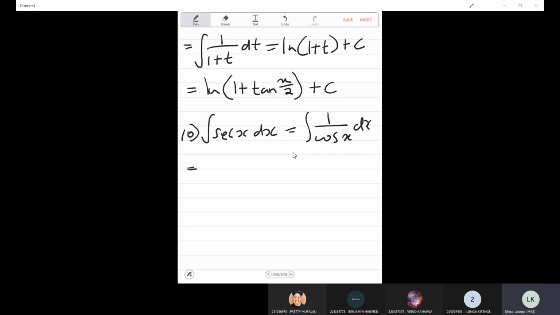Dx, we said, is 2 over 1 plus t squared, and then we divide by cos x, which is 1 minus t squared over 1 plus t squared dt. This gives us 2 over 1 minus t squared dt.